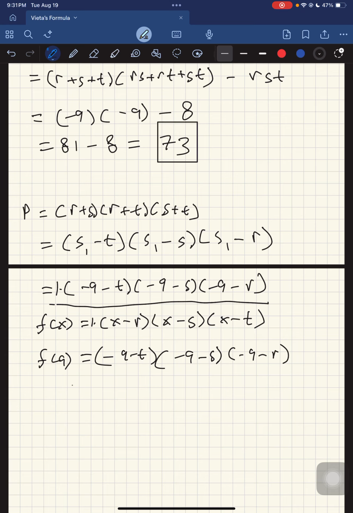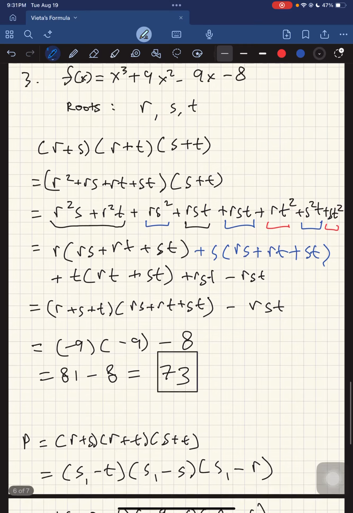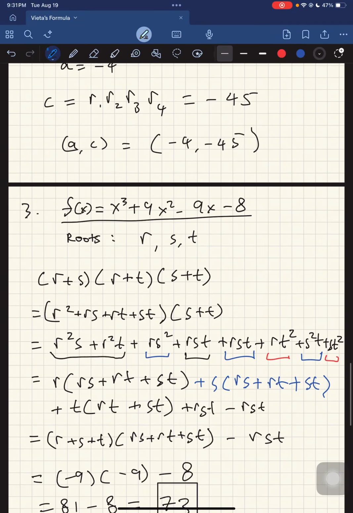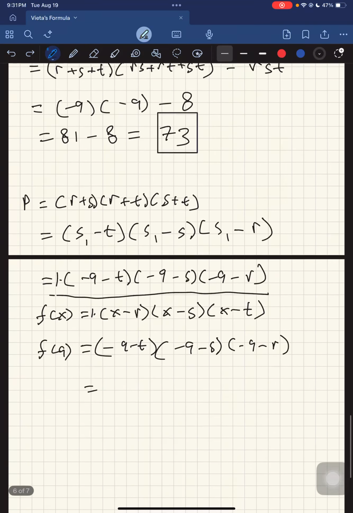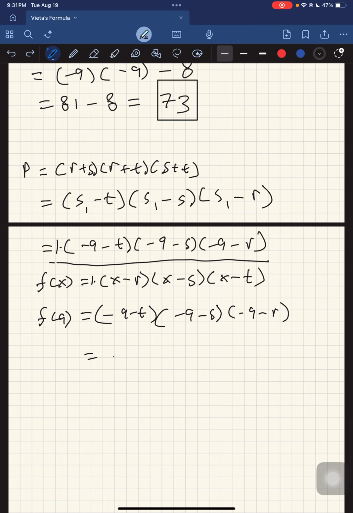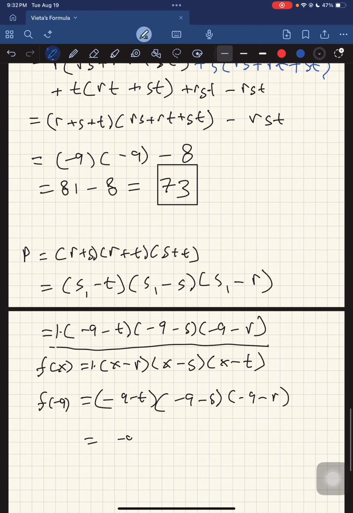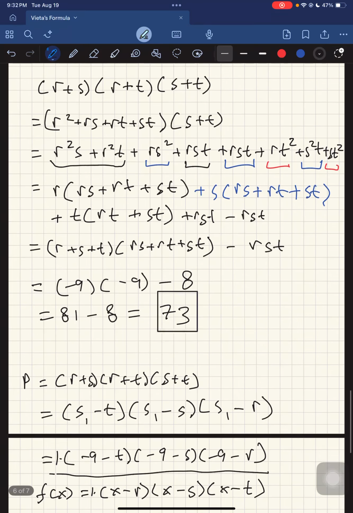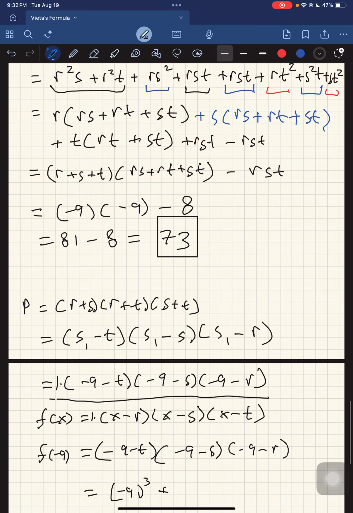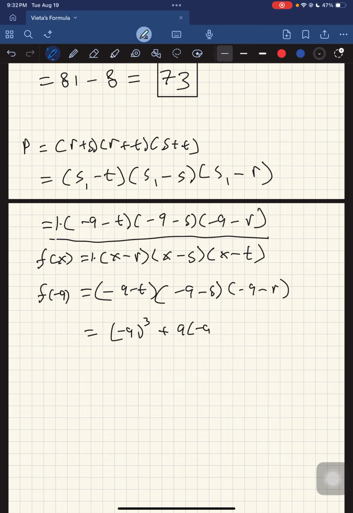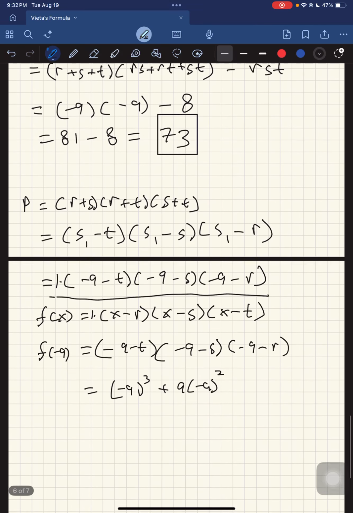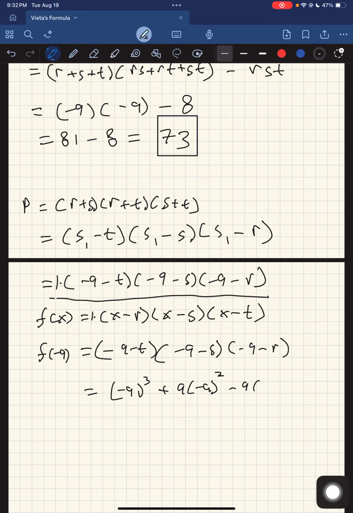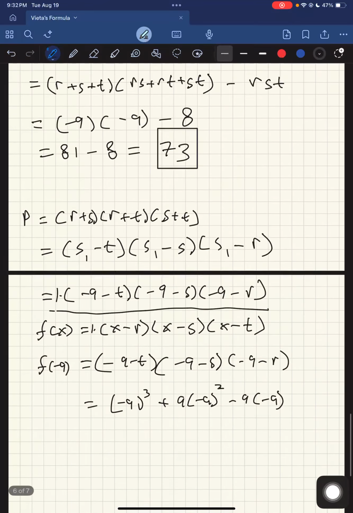And what is f of negative 9? We just substitute this into the original cubic that we have over here. F of negative 9 is going to be negative 9 cubed plus nine times negative 9 squared minus 9 times negative 9 minus 8.